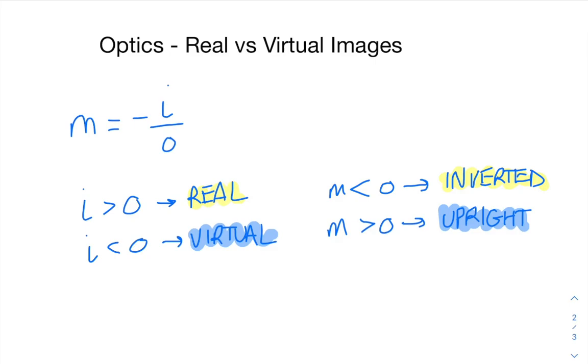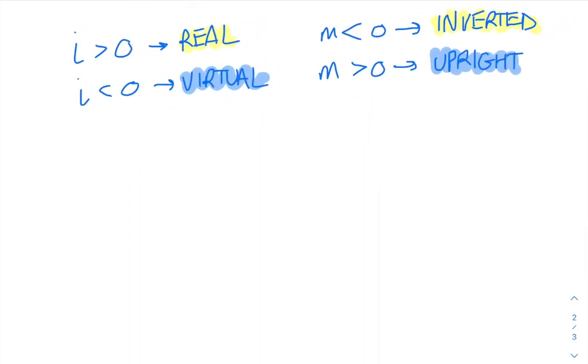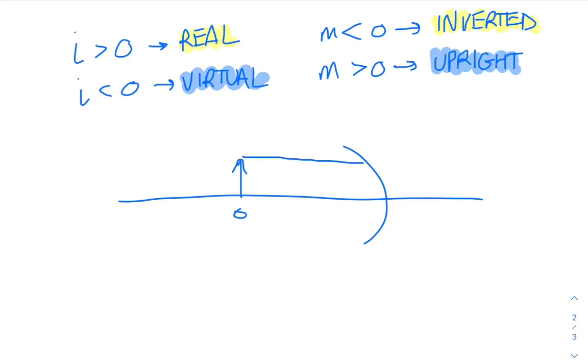When we talk about a real image, what does that mean? A lot of times when you're first learning physics, when you get to that optics chapter, some of the first visuals you'll see tell you that you have an object at a certain distance, and some sort of mirror or lens with a certain type of concavity.